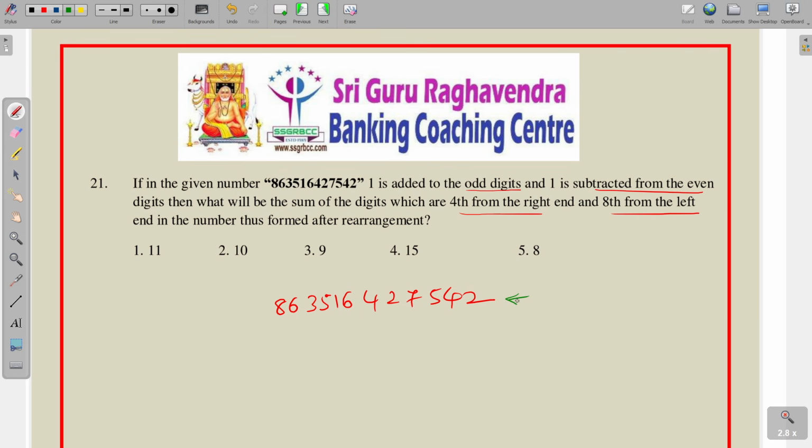So see, from right 1 2 3 and 4, 7 is 4th from right, and 8th from left, 2 4 6 and 8, that is 2. So 8th from left end. We need to find the sum of these two, but what is the condition? 1 is added to the odd digit. So 7 plus 1, that is 8, and 1 is subtracted from the even digit, that is 2 minus 1, that is 1. So the sum of these two is 9. That is the answer. So remaining change is not needed.